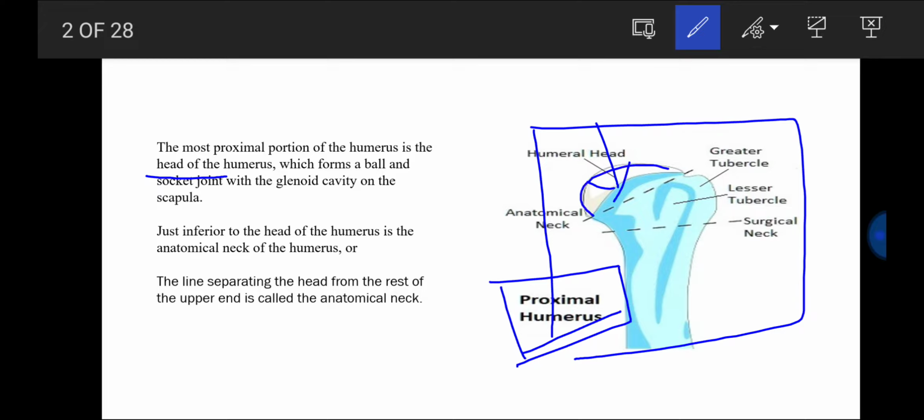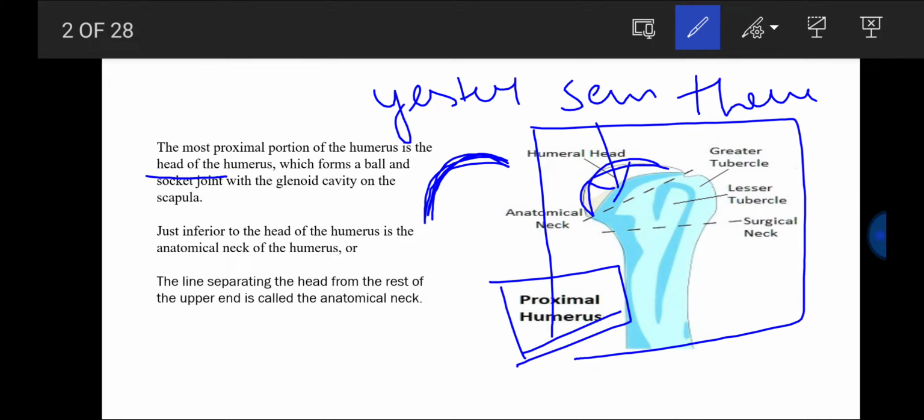It is like a ball, and in yesterday's class we saw that there is a socket type cavity in the scapula. So it forms a ball and socket joint with the glenoid cavity on the scapula.